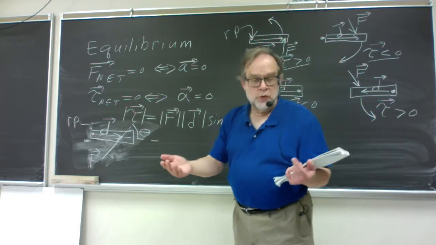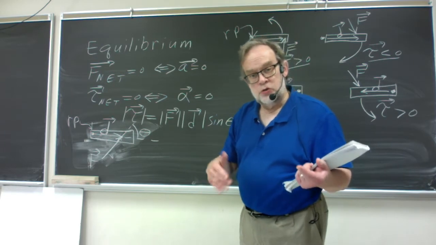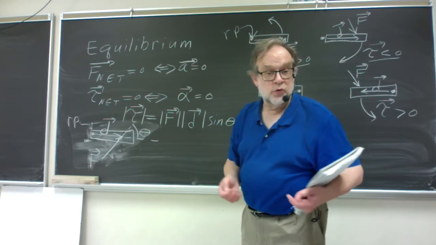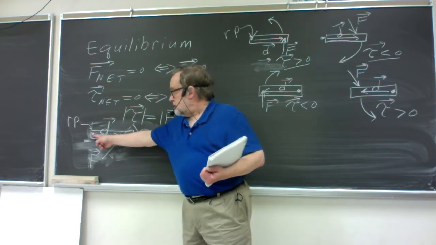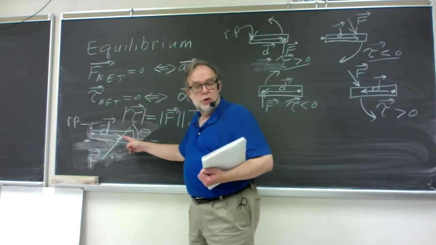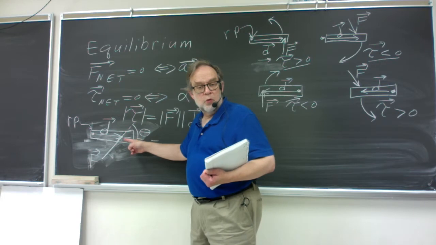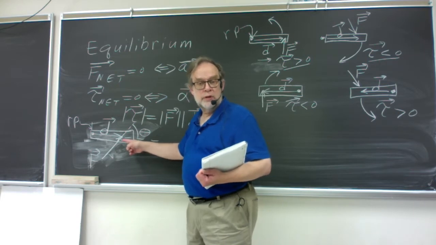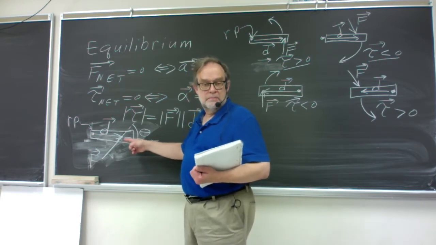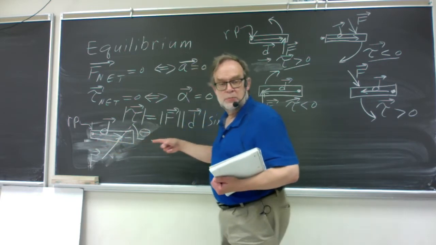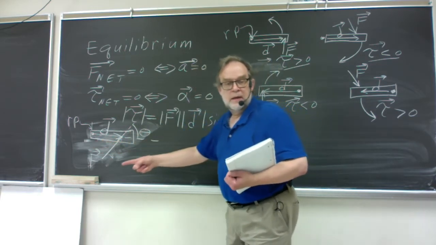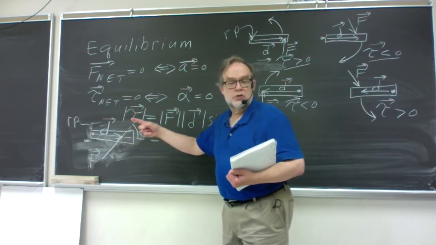You're free to choose the reference point anywhere you like, but usually we choose it at the axis of rotation. The displacement is a displacement from the reference point to wherever that force is acting, whatever point that force is acting on. And then the angle is the angle between the displacement direction and the force direction.